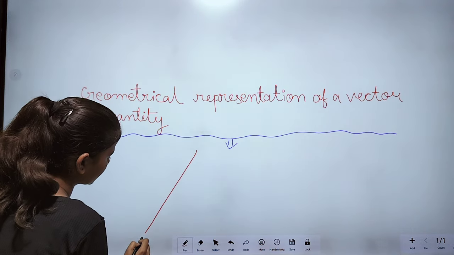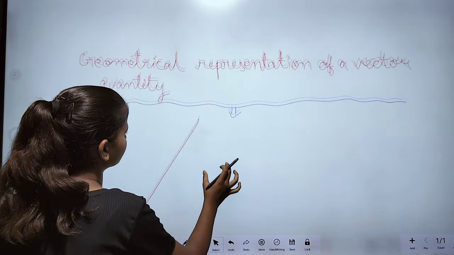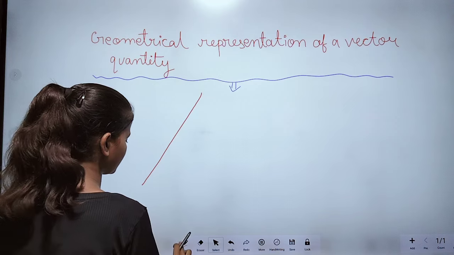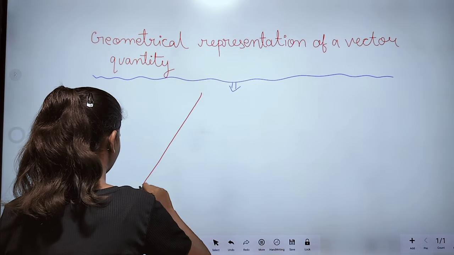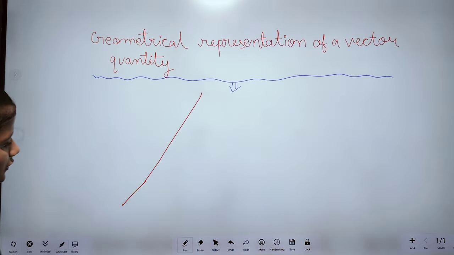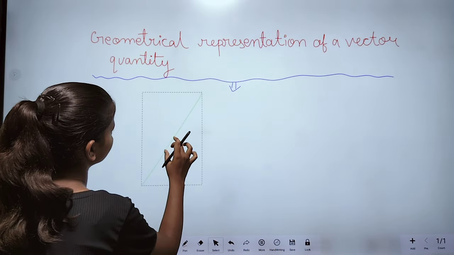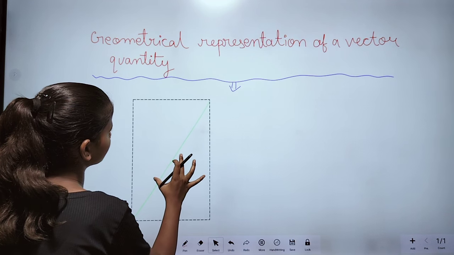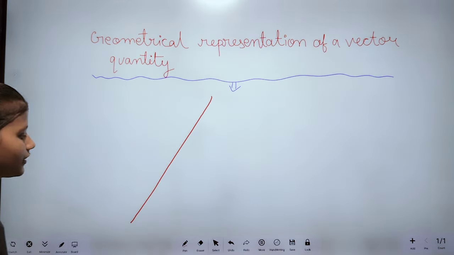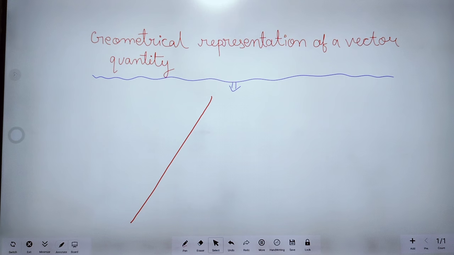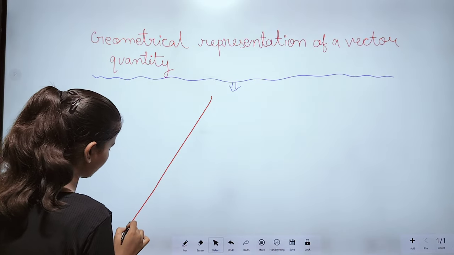This one is a straight line. Okay. See that this one is a straight line. And from here we start our measurement.